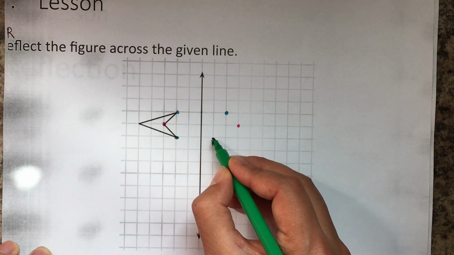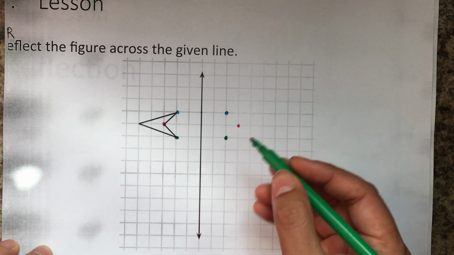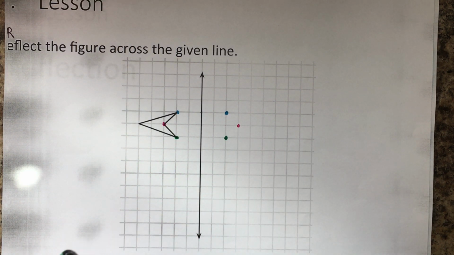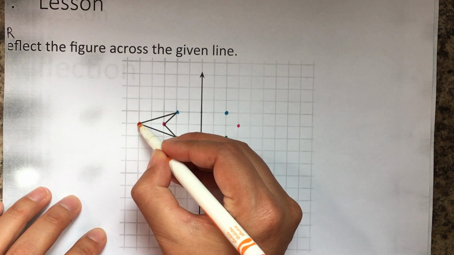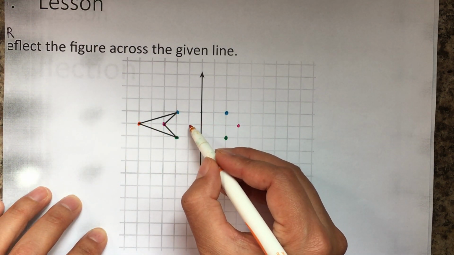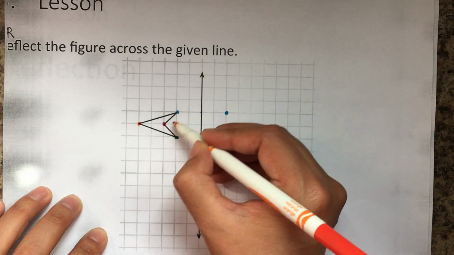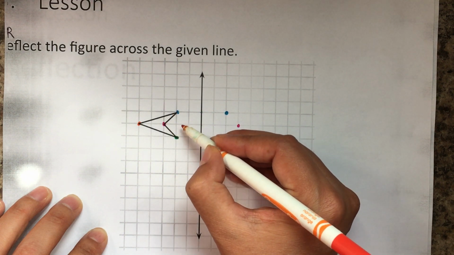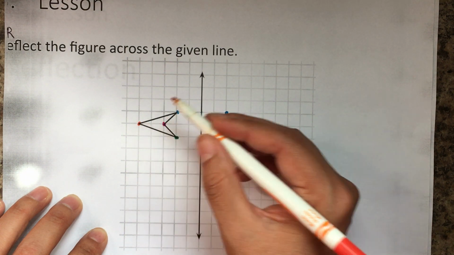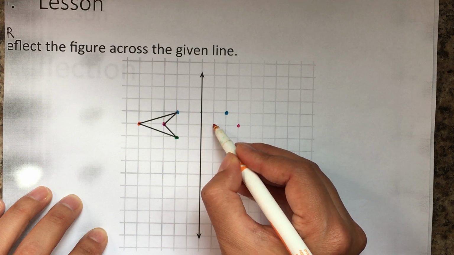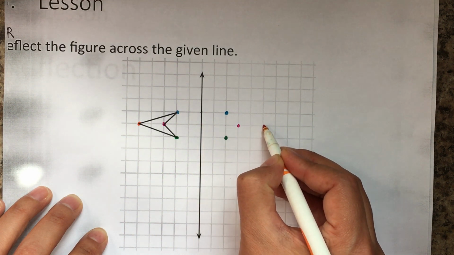So it's going to be 1, 2 spaces. And finally, this is, and again, it's from the line, okay? Not from other points, but from the line. 1, 2, 3, 4, 5. So from the line, 1, 2, 3, 4, 5.